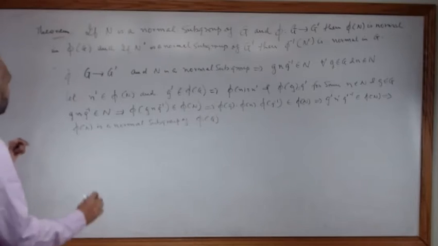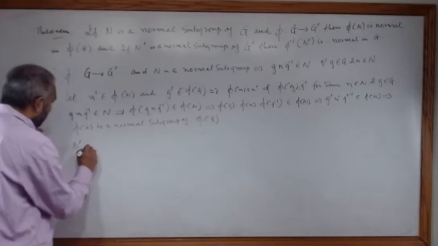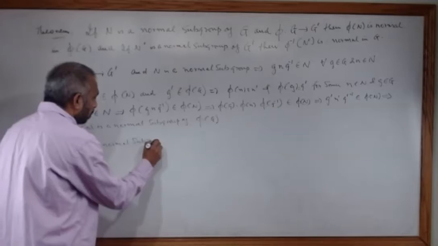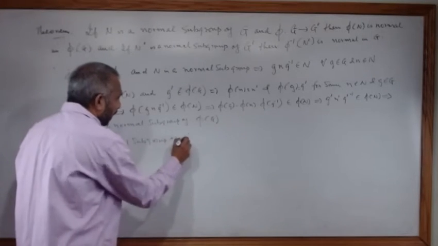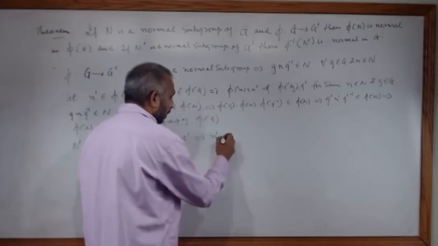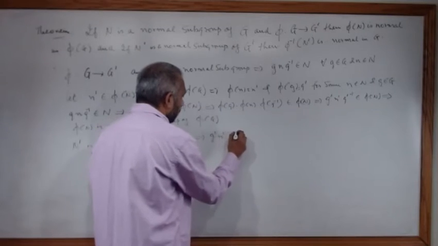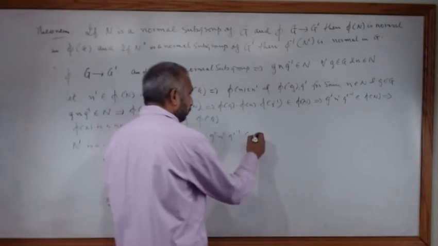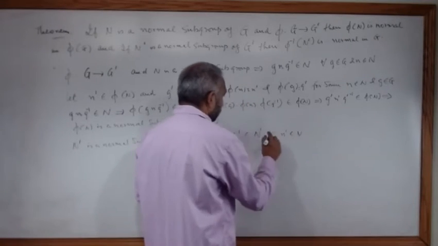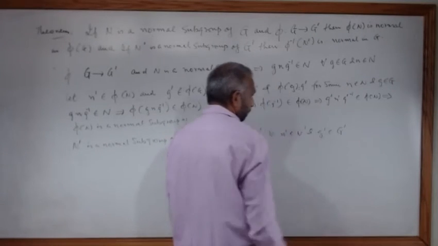So the next one is N prime is a normal subgroup of G prime, which implies g prime n prime g prime inverse belongs to N prime for all n prime belongs to N prime and g prime belongs to G prime.